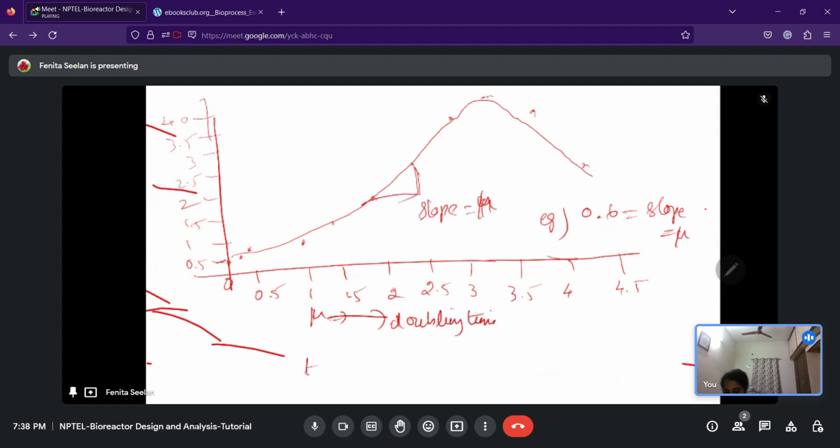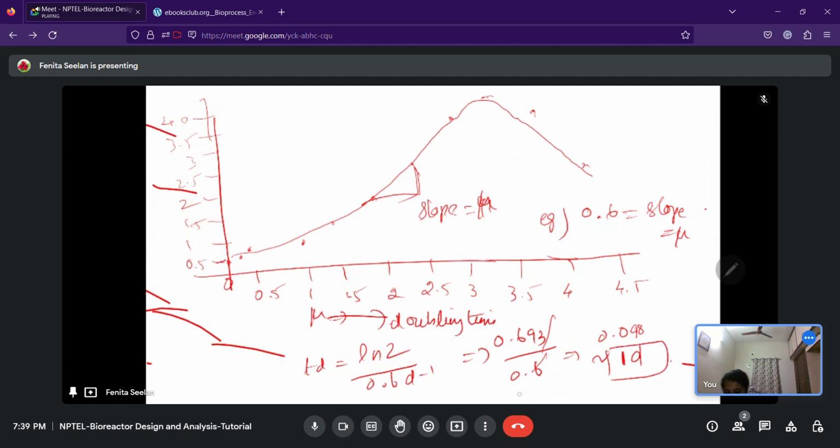So what is doubling time? Which is ln of 2 divided by 0.6. The unit is important, which is the inverse here. Ln 2 is 0.693 divided by 0.6, which would be approximately 1, which is 1 day.